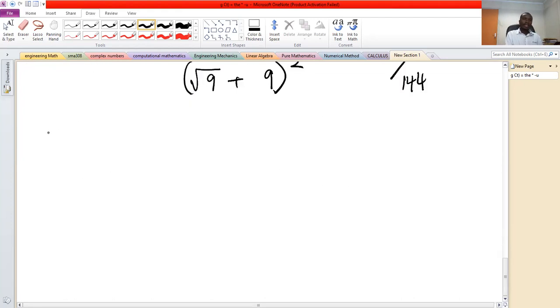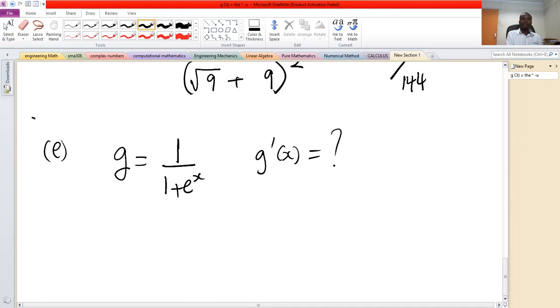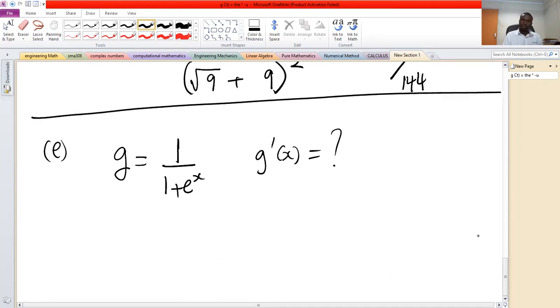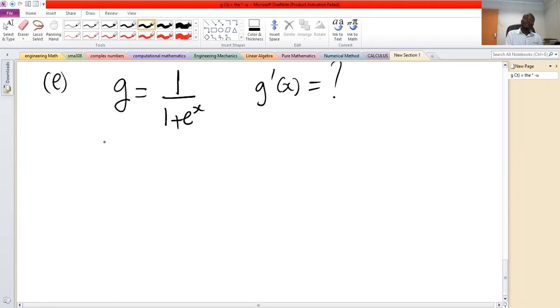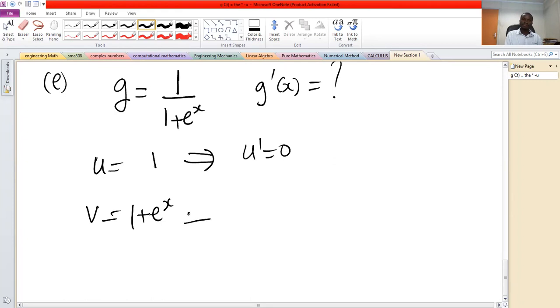And then next problem, that is 1, 2, 3, 4, 5e. G is given by 1 over 1 plus e raised power x. Then g prime of x is equal to, so let u be 1, v be 1 plus e raised power x. So this means u prime is 0, v prime is e raised power x.